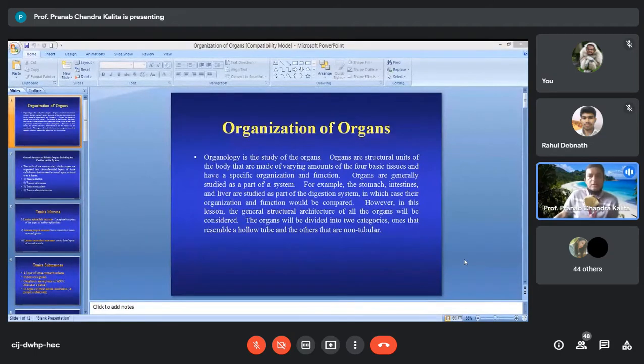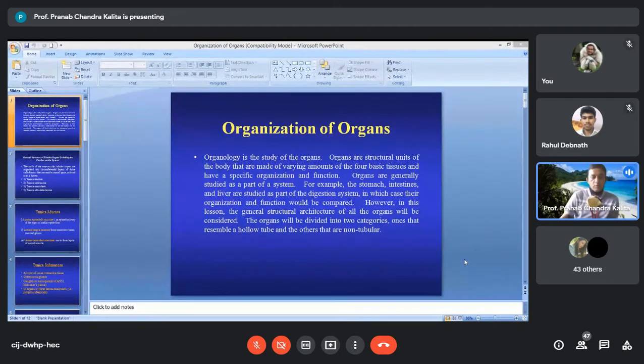These organs are the structural units of the body that are made of varying amounts of the 4 basic tissues: epithelium, connective, muscular, and nervous tissues, and have a specific organization and functions.